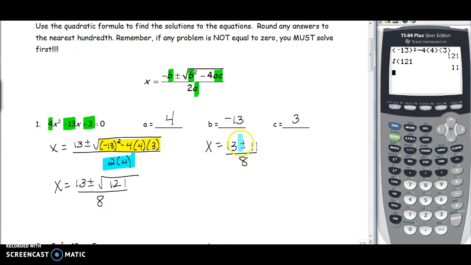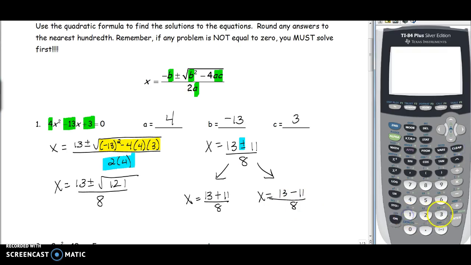Now remember, this plus or minus means that you have two equations. So we have x equals 13 plus 11 over 8 and x equals 13 minus 11 over 8. We would do 13 plus 11 equals 24, divided by 8, and 24 divided by 8 is 3.